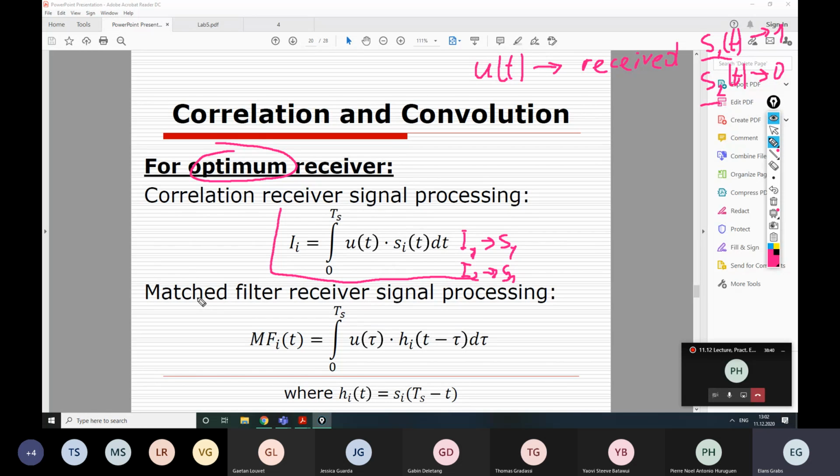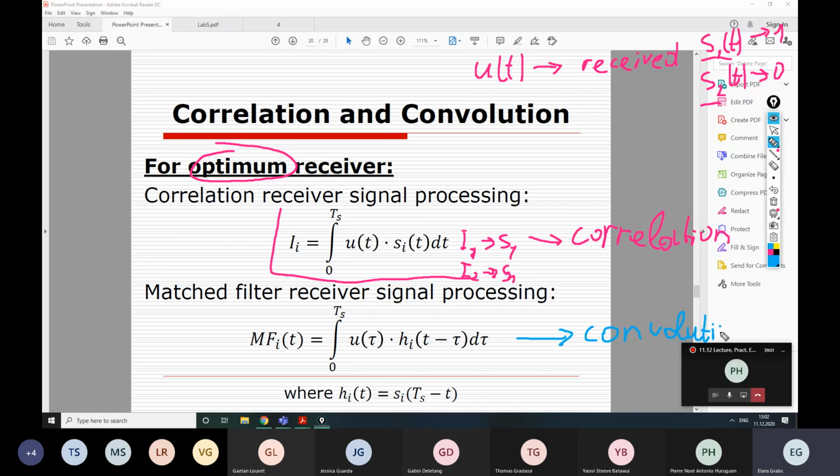Now, as we know, matched filter calculates convolution. So this is correlation, and this is convolution. And the formulas look different, right? At least for now.